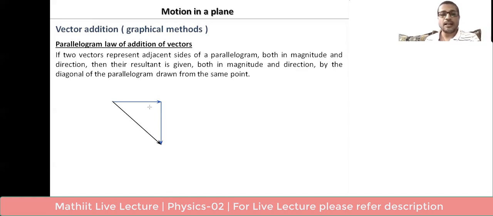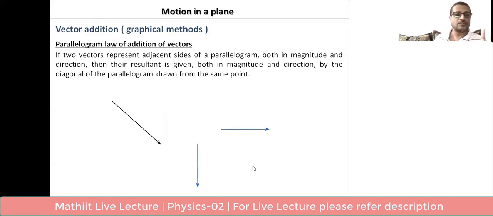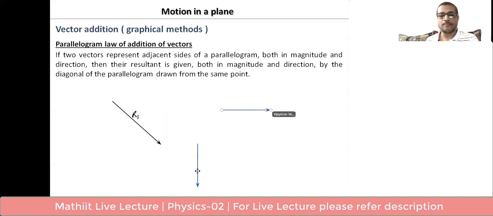Now, I'll take the same two vectors. Notice that I'm not touching this black vector. Black vector was the resultant in the first case when we had used triangle law. So we will call this first vector R1, the resultant obtained using triangle law. Now let us try to add it using parallelogram. So we'll take one vector here, another vector here.